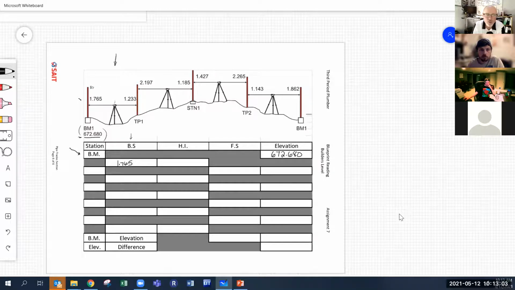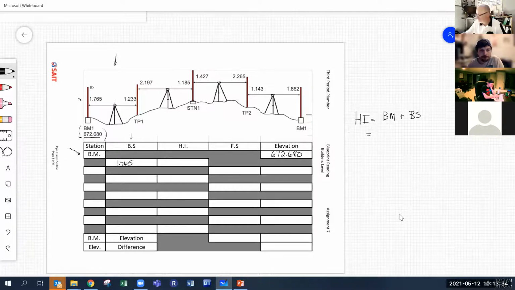So now we can determine the height of our instrument. I told you the height of the instrument is calculated by taking your benchmark and adding your back sight to it. So let's do that. We take our benchmark and add our back sight to it to get our height of instrument.